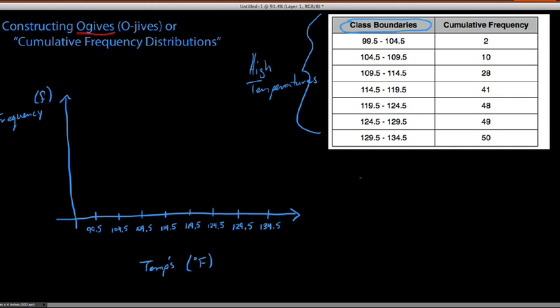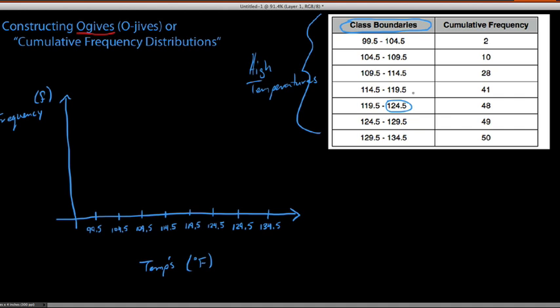Or say 124 or below. 124 is right here on our distribution. So 124 or below, that's 48 of our states, which means that only 2 of them had a high temperature above 124.